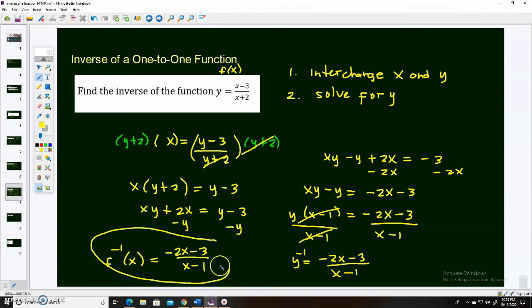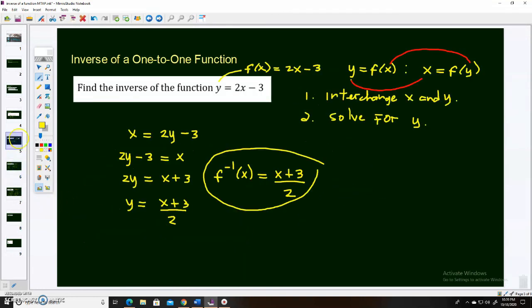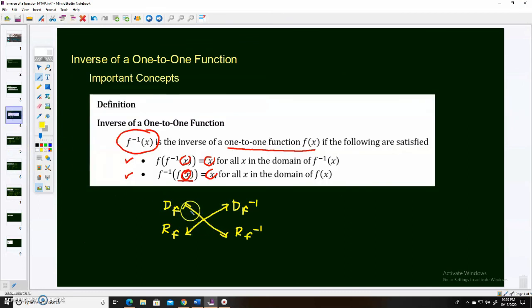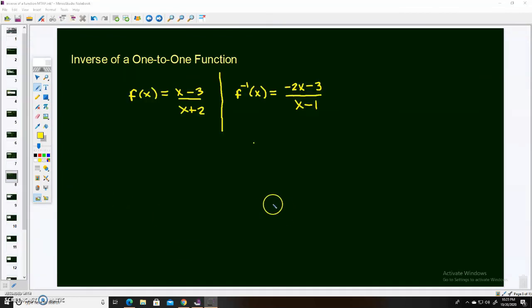Okay. Now, just to show the implication of what we've shown, that the domain of the function would be the range of the inverse, and the domain of the inverse would be the range of the function, we will get the domain and the range of the function and the inverse that we just solved. Let's label the domain of the function, the domain of the inverse, and the range of the inverse.